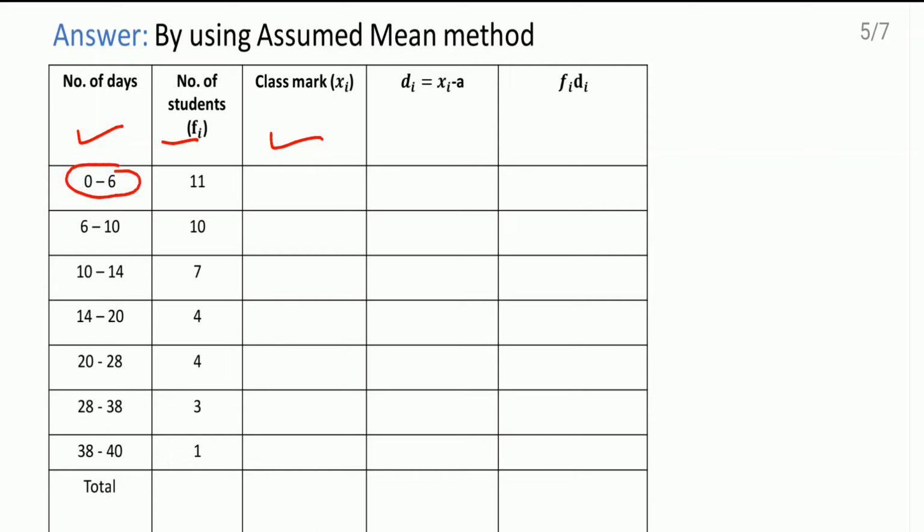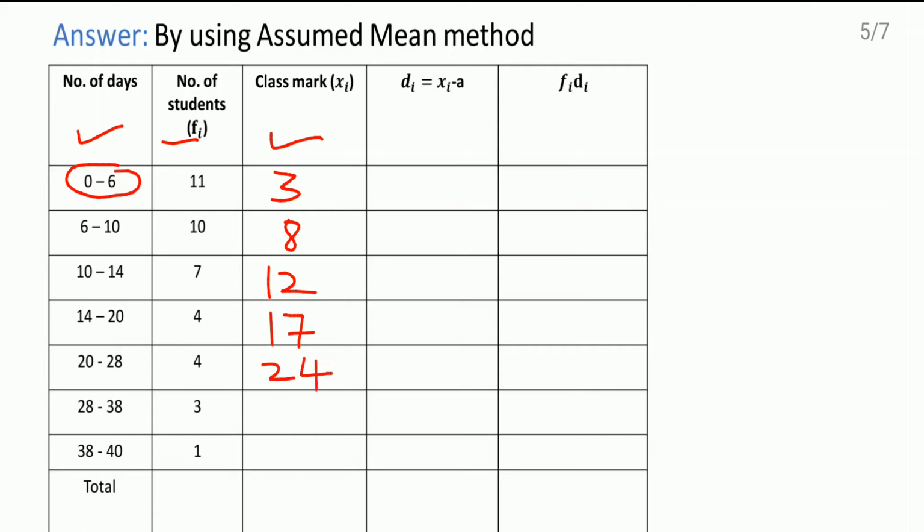So 0 plus 6 by 2 comes as 3. Then 6 plus 10 is 16, by 2 is 8. Then 10 and 14 is 24, half of 24 is 12. Here 14 plus 20 is 34, so this is 17. 20 plus 28 is 48, so this is 24.